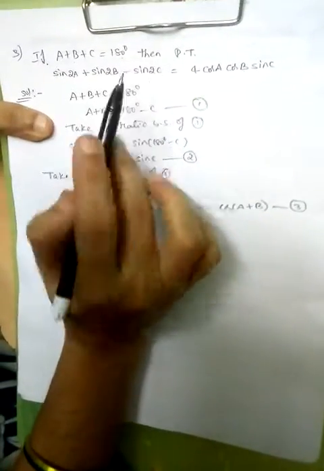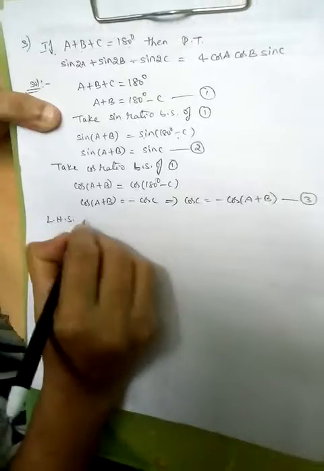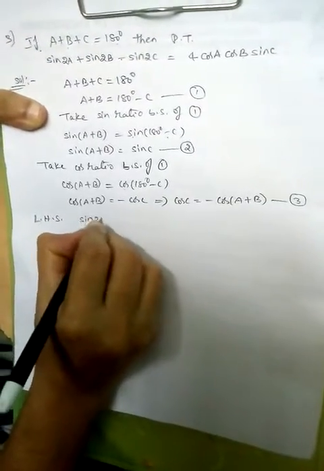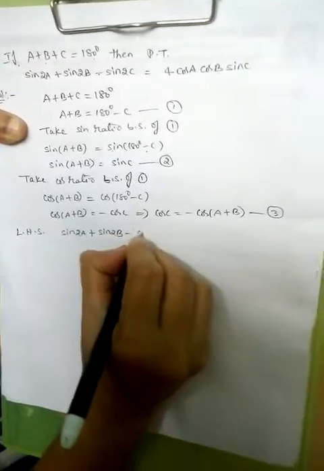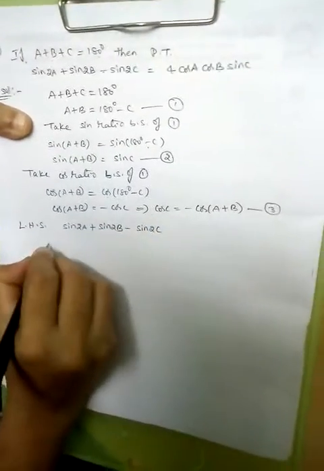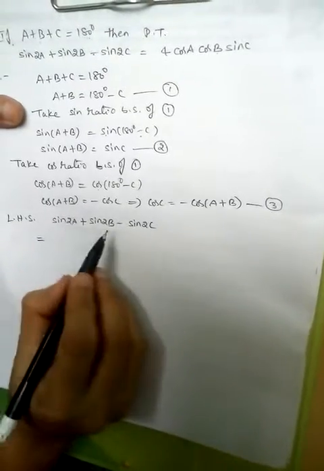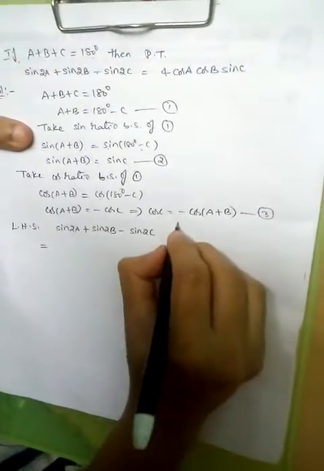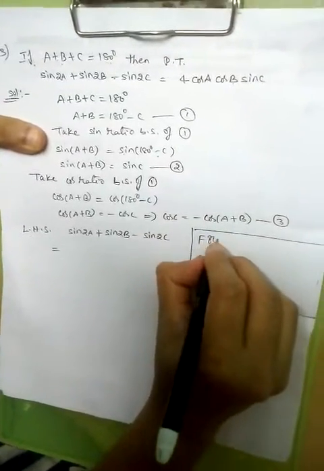So I will take the LHS. That is, in LHS we have sin 2a plus sin 2b minus sin 2c, which is equal to, to solve this we have to know the formulae. The formulae are, I am writing the formulae on one side.